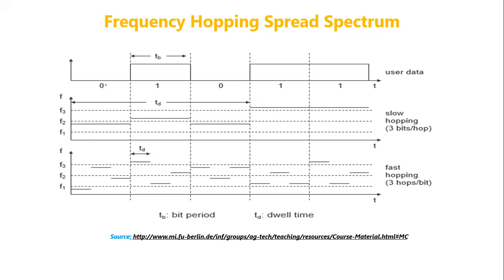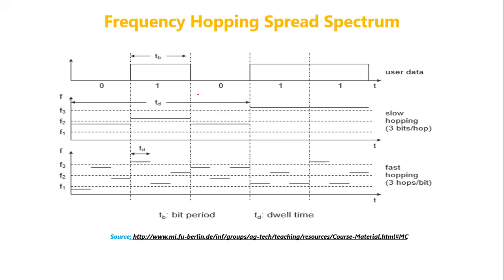With f2, 0 will be represented like this, with a line below the f2 frequency, because it is 0, and 1 will be represented by a line above f2. And again 0 will be represented by a line below f2. So this is for this data.